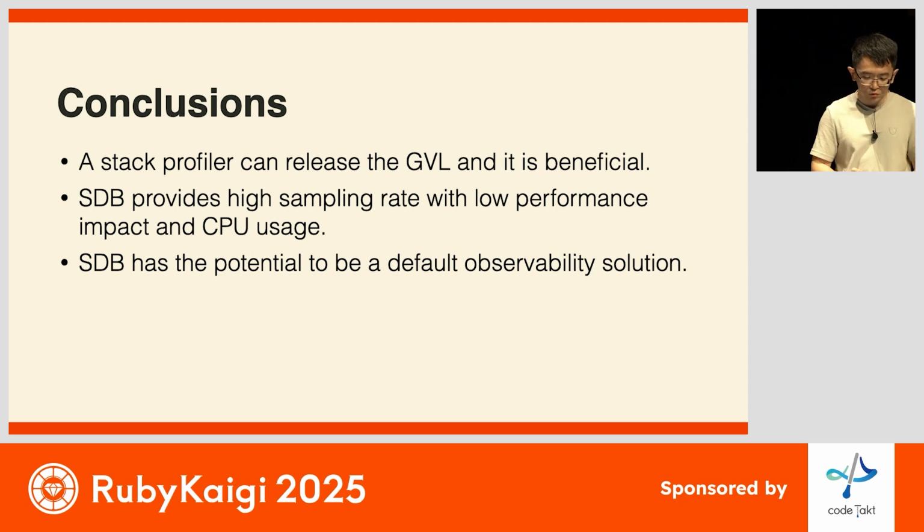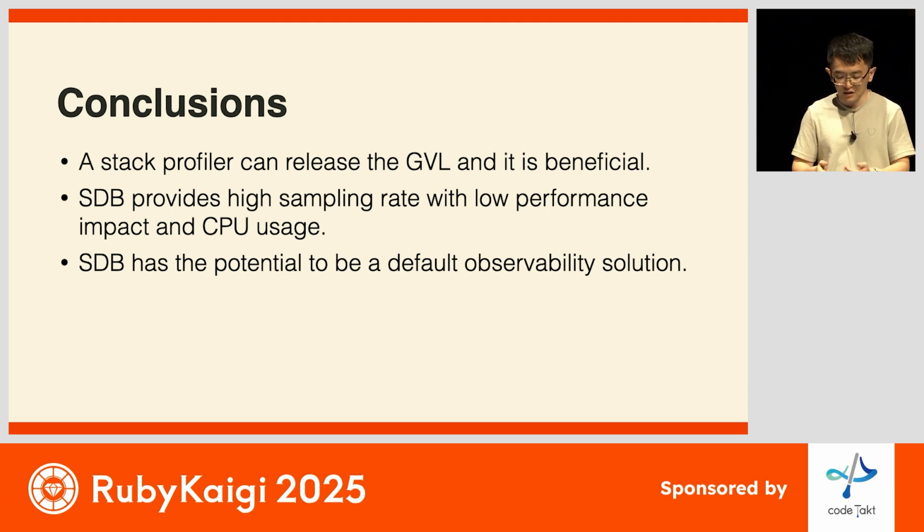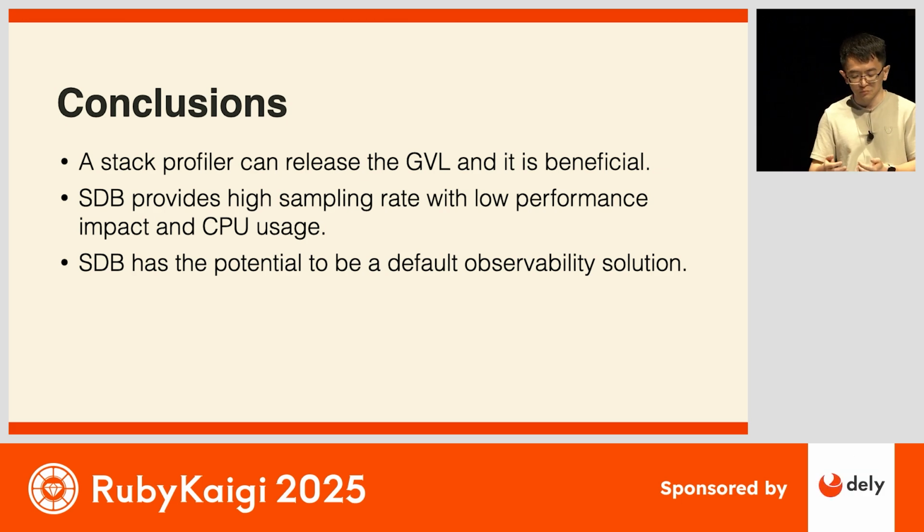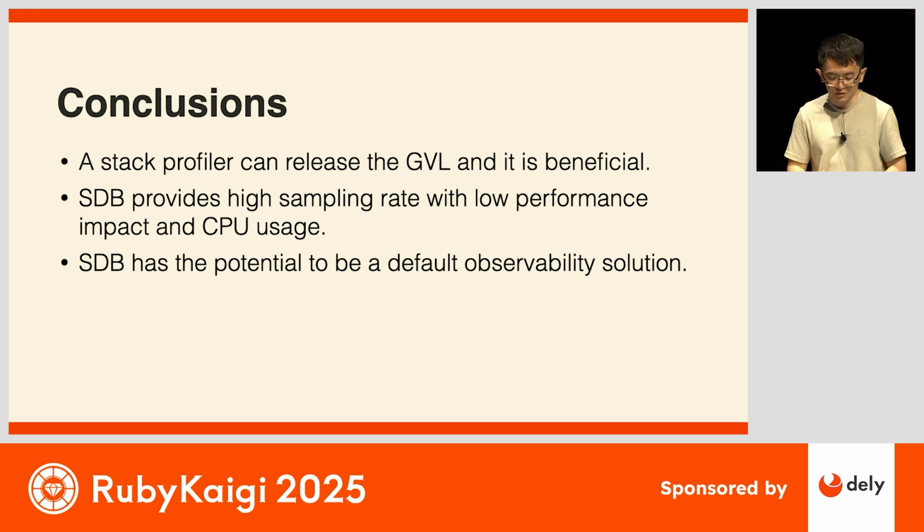Okay, to conclude, a stack profiler that can release the GVL is, I think, beneficial. The SDB provides a high sampling rate with low performance impact and CPU usage. And I believe due to those things, the SDB has the potential to be a default observability solution.